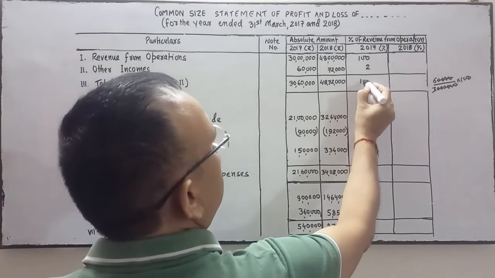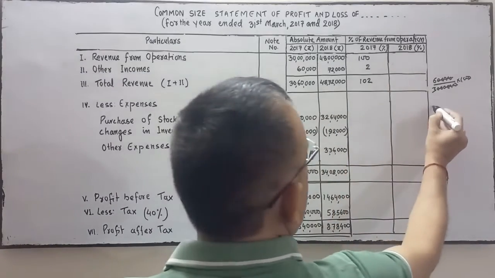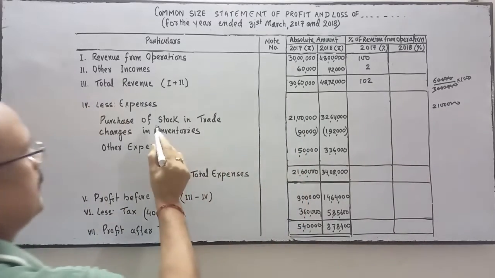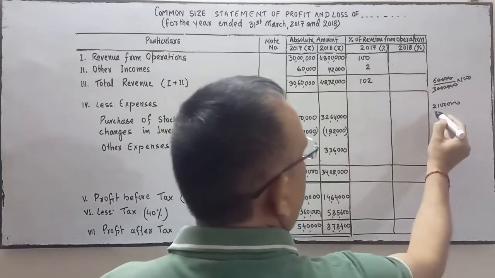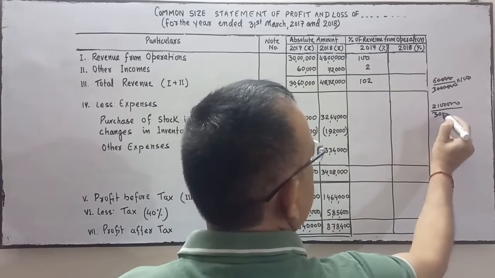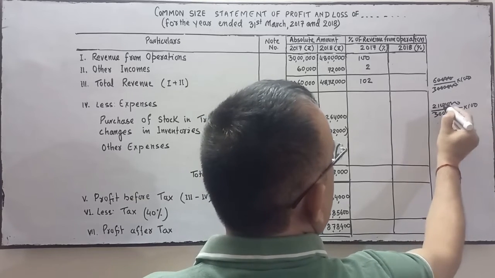So it is 102. Now come to over here. 21 lakh is the purchase of stock. 21 lakh upon revenue from operation, which is taken as 100, is 30 lakhs into 100.